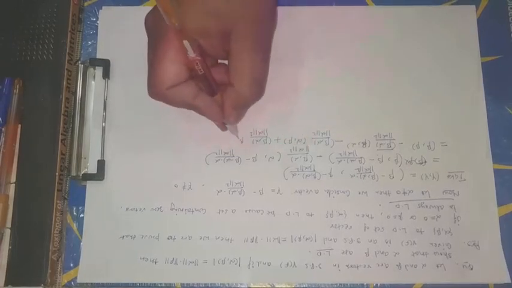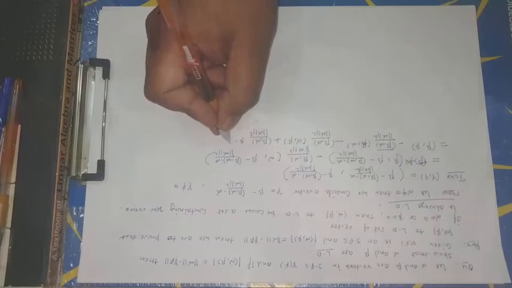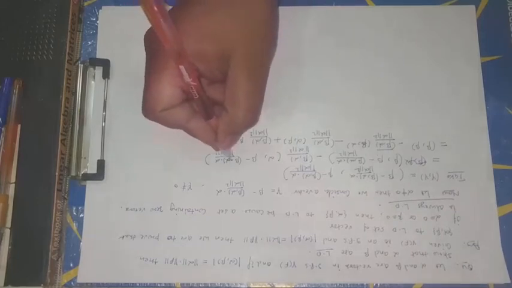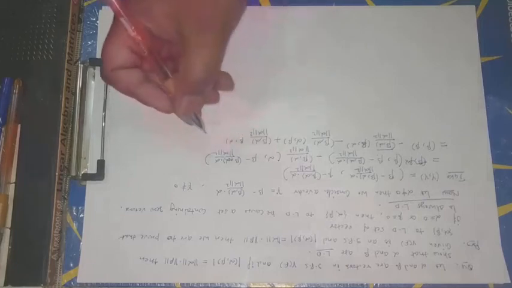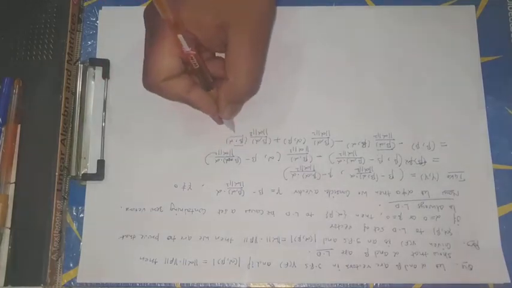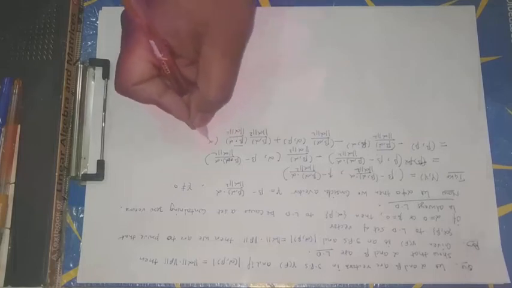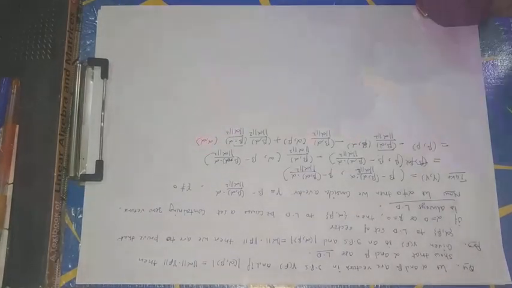Now beta inner product with alpha bar upon alpha norm square, alpha inner product with alpha.